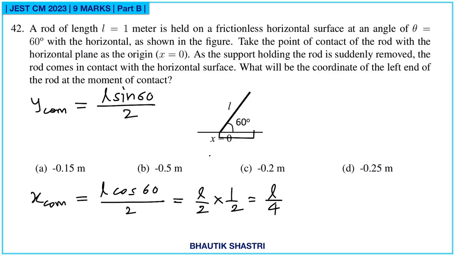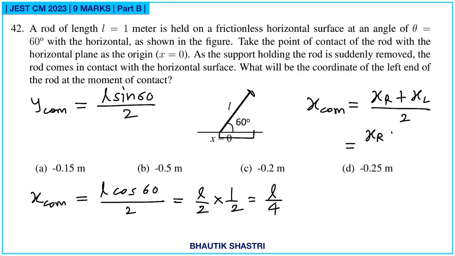And when it is down, then in that case X COM, that is X coordinate of center of mass, will be its right coordinate plus left coordinate by 2. So XR plus XL by 2. But this XL will be 1 minus XR, and we want minus sign, so XR minus 1.